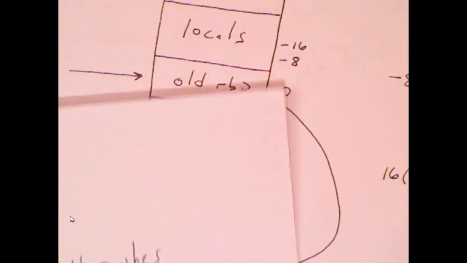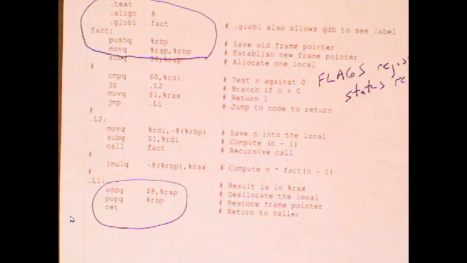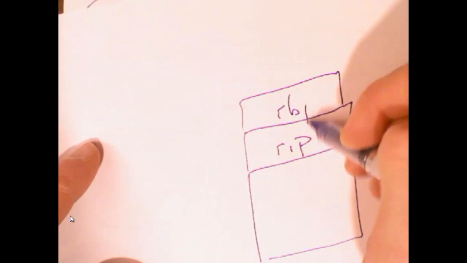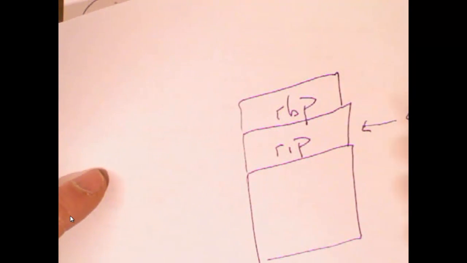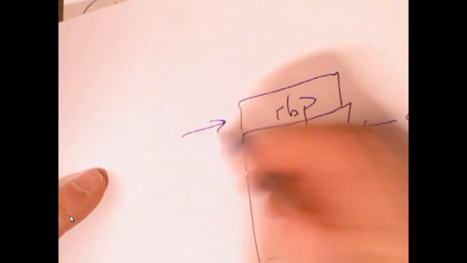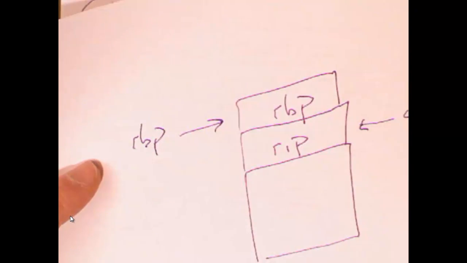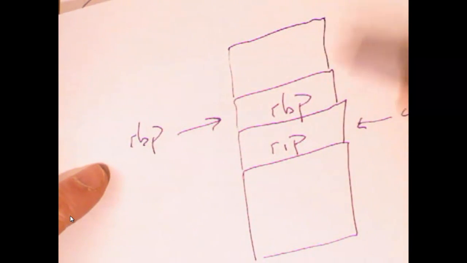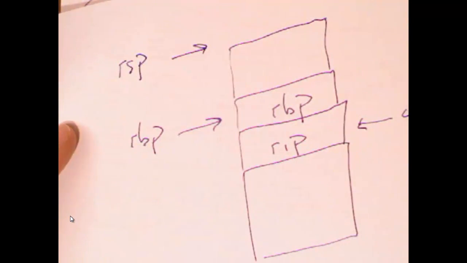And if we think about what the new function does, well, what do all Intel functions do first, right? They push the frame pointer. So we get the frame pointer pushed, and we get a new frame pointer established. And you can see how the new stack frame gets built here. And if I have locals, I allocate some locals, which means subtracting from the stack pointer, as we see in the factorial program, and now I have my locals.